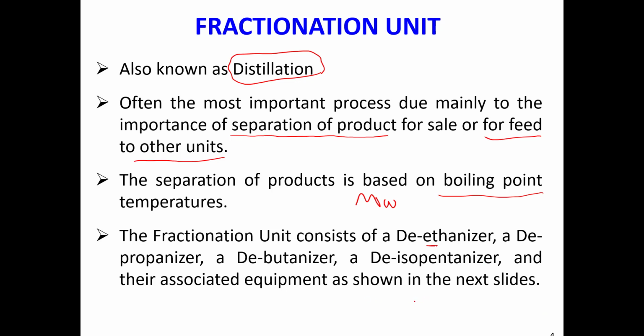The temperature and the number of trays in different units might also be different, because this distillation column has several trays. So the only thing that changes is these parameters.